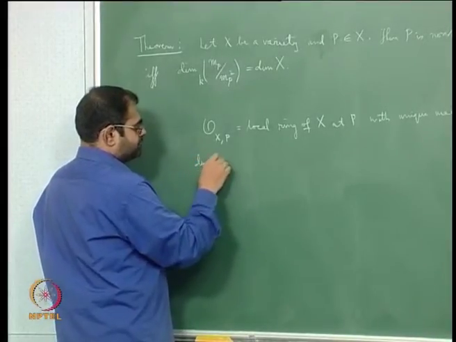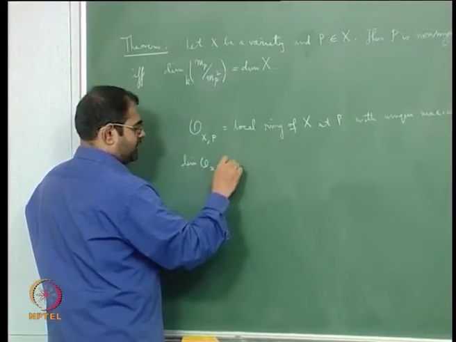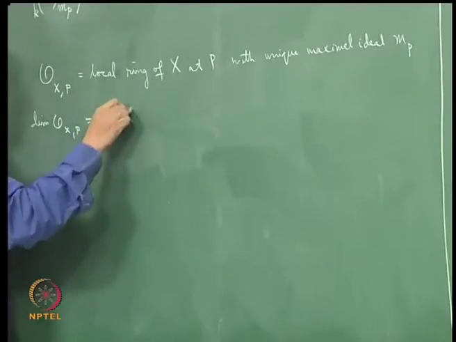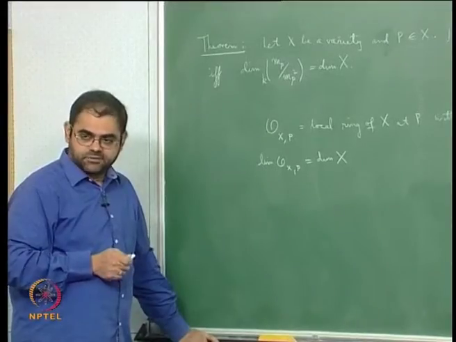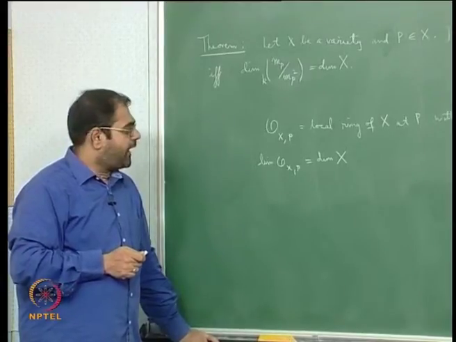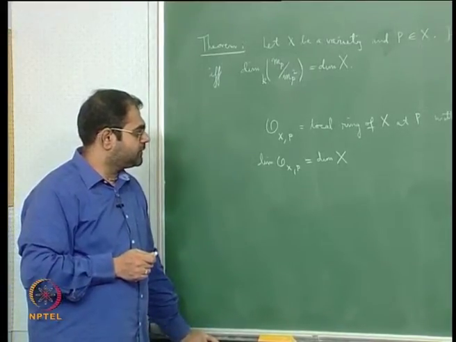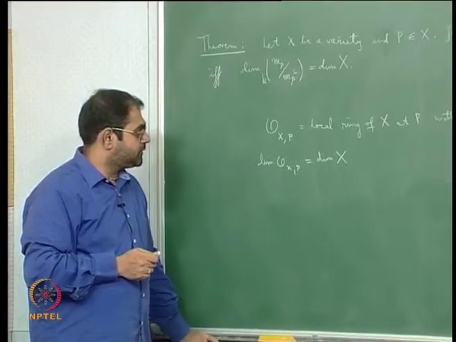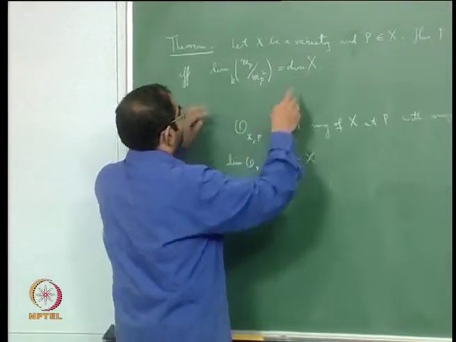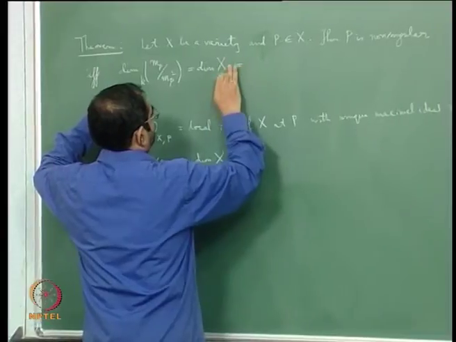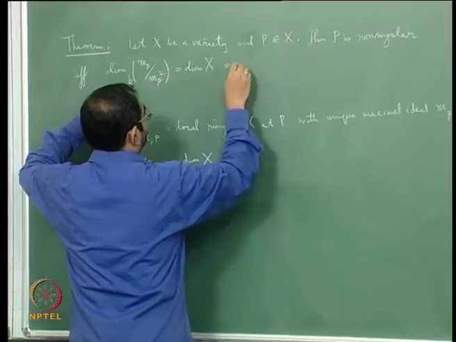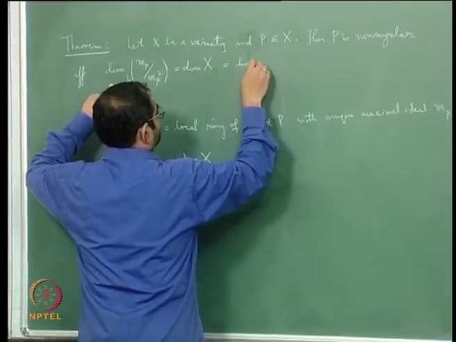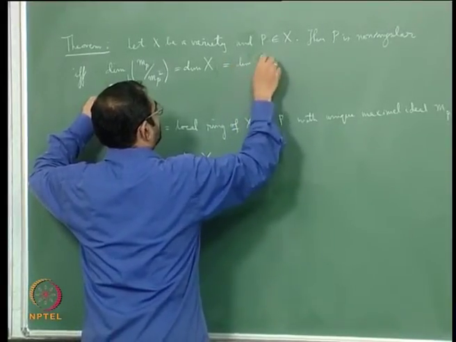And now what you must understand is the dimension of the local ring, you know that this is the same as the dimension of X. This is something that we already know. Okay, the dimension of the local ring is the same as the dimension of X, and here I can add, if I want to reflect the point P, I can also write the dimension of OXP.